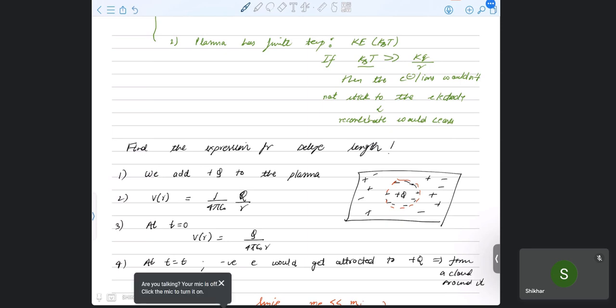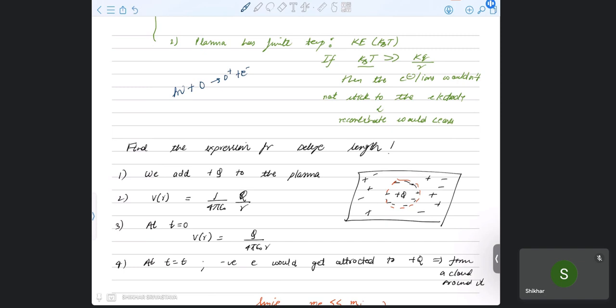Suppose you have an oxygen molecule, it will split into ions, and an oxygen atom splits into an ion and an electron. So the ionosphere has a large amount of ions and electrons.